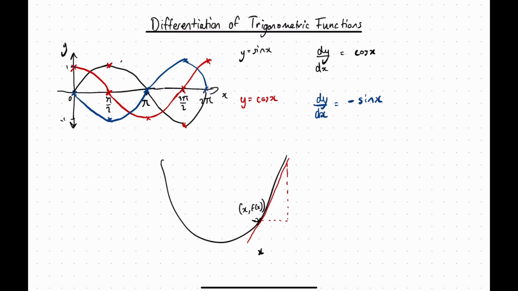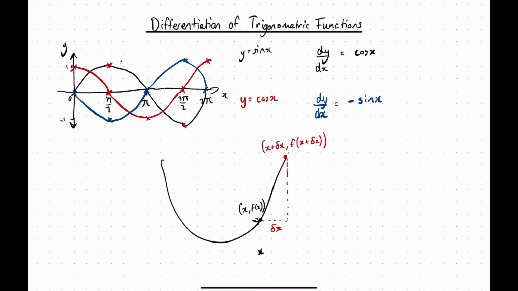But if you take a point from the actual function, what we can do is take it so that it's infinitely close to the point, and that approaches differentiation. That's why you see limits written on here. If you call the difference between x and the next value delta x, what we can say is the value on the function is x plus delta x, and then the function of x plus delta x.